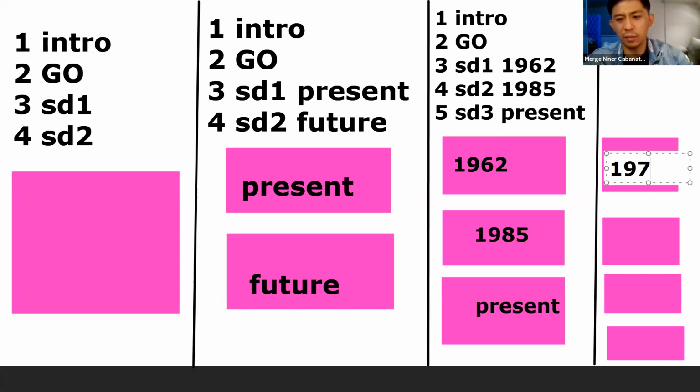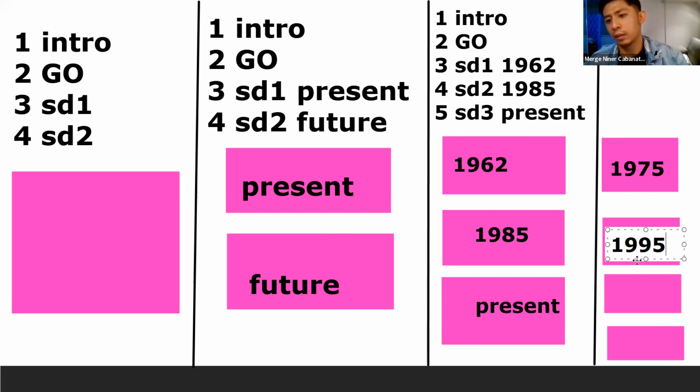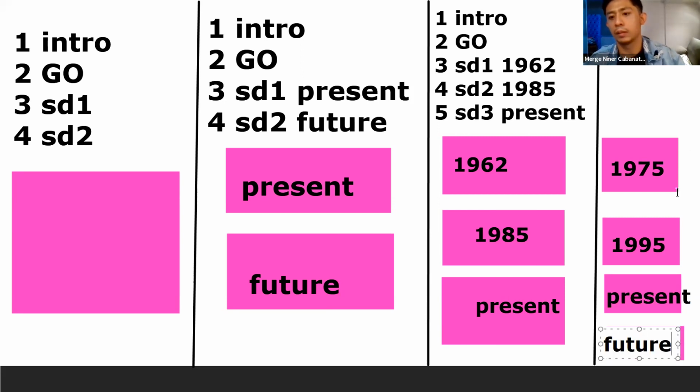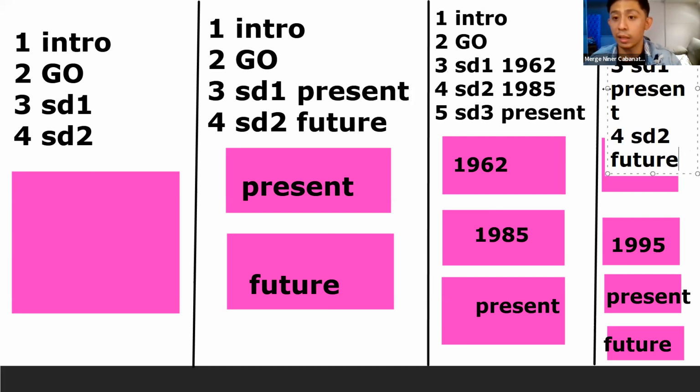Let's say 1975, 1995, then the present map, and then the future map. So you will be writing something like this.